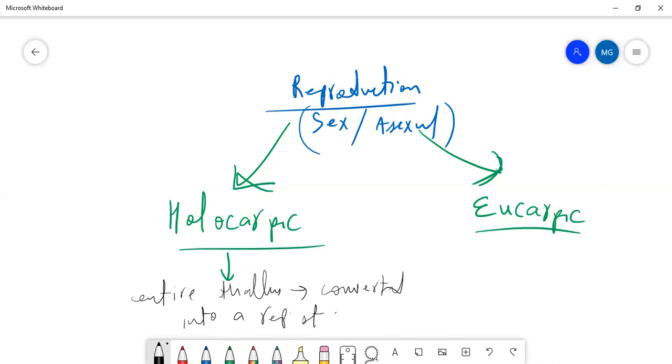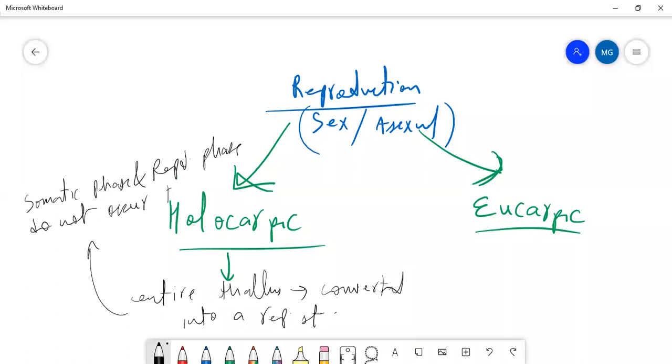So we call such fungi holocarpic. I can also say that the somatic phase and reproductive phase do not coexist, because the entire thallus is converted to a reproductive structure.